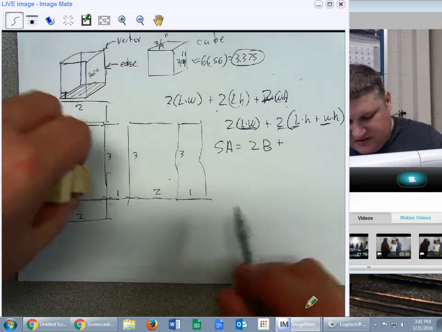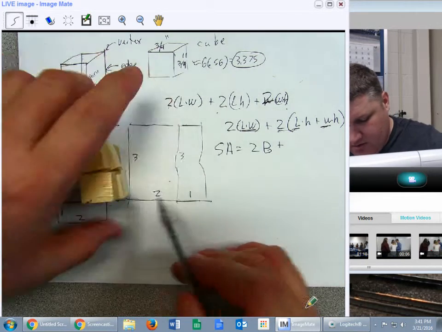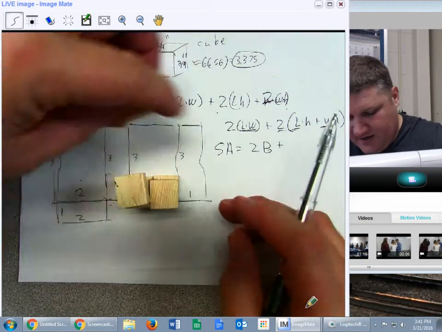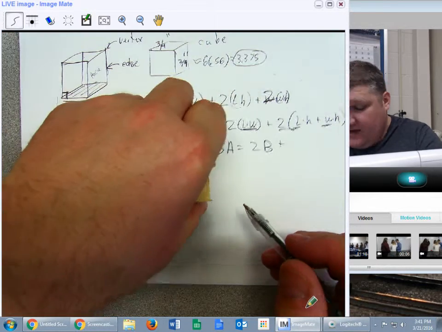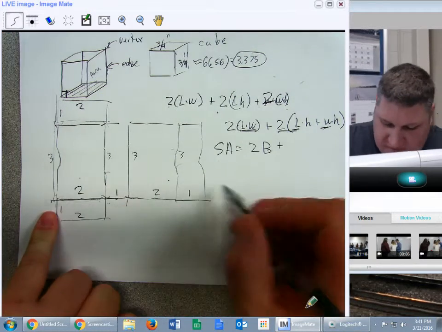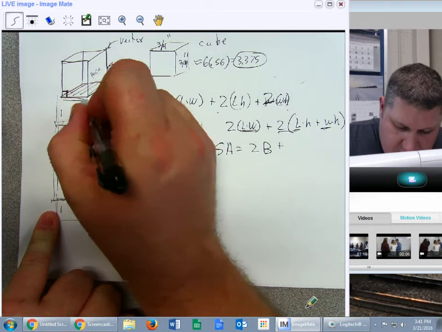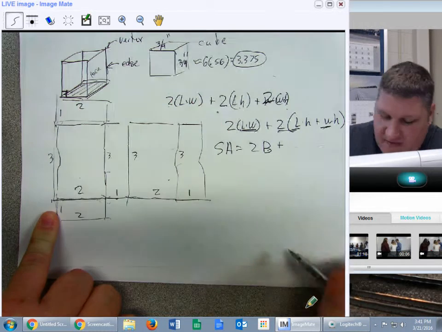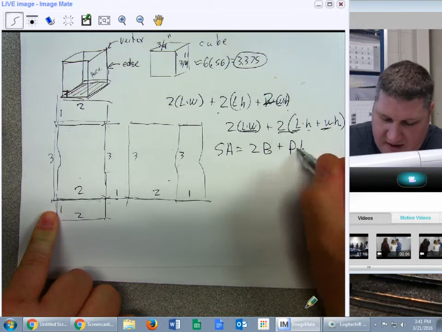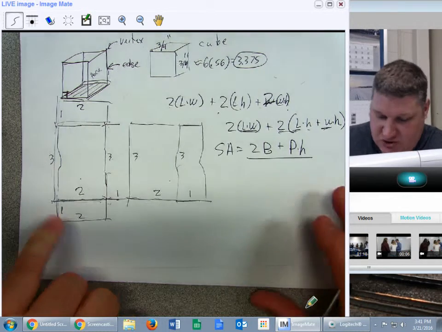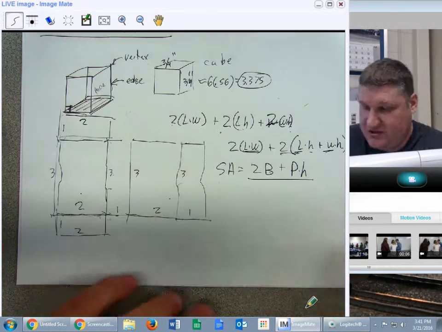What have I actually done but gone all the way around this figure? And what do I take with the distance all the way around a figure? That's going to be perimeter, and they're always going to be multiplied by height. So 2b plus ph.